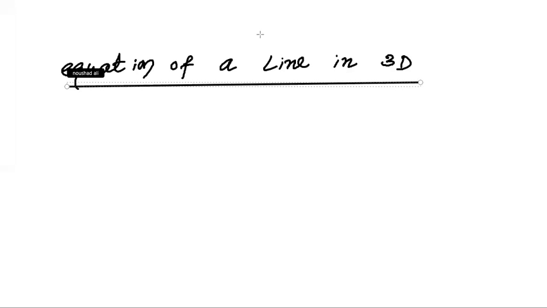We learned in grade 11 how to find the equation of a straight line in 2D. Today in this chapter, we are going to discuss how to find the equation of a straight line in 3D.